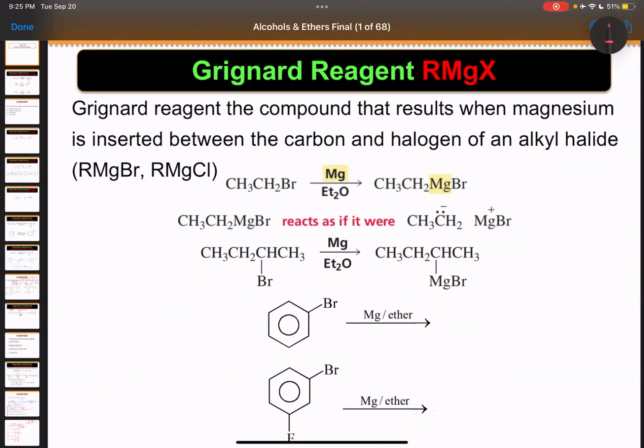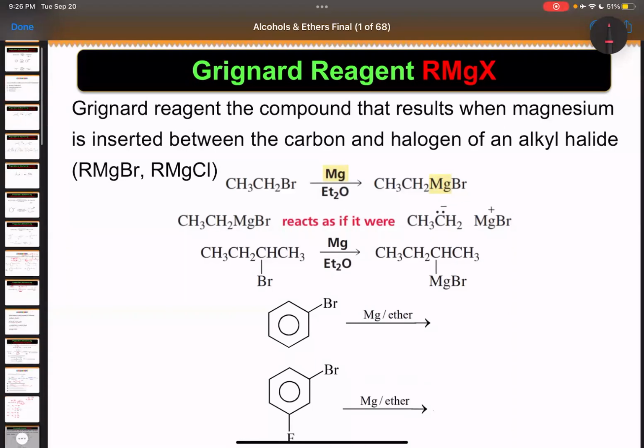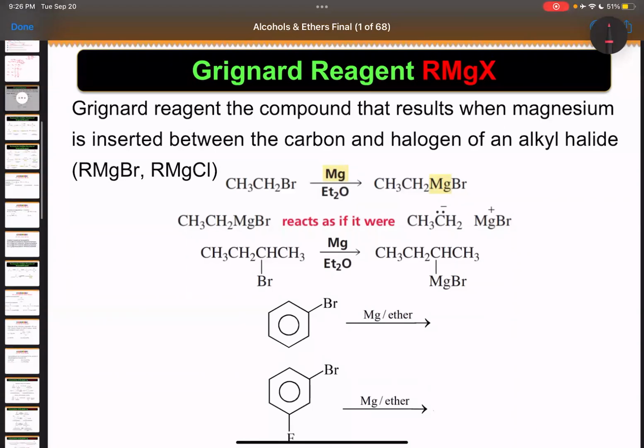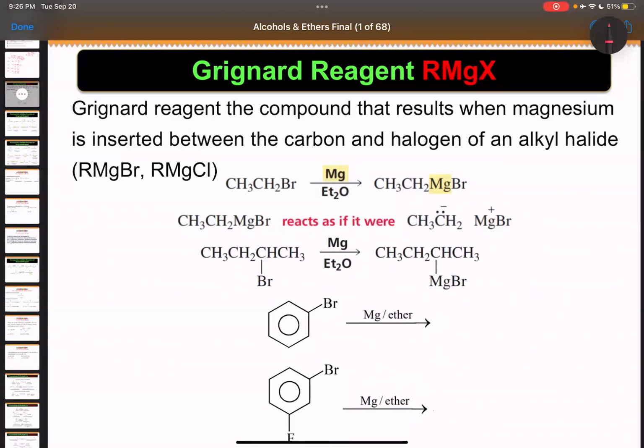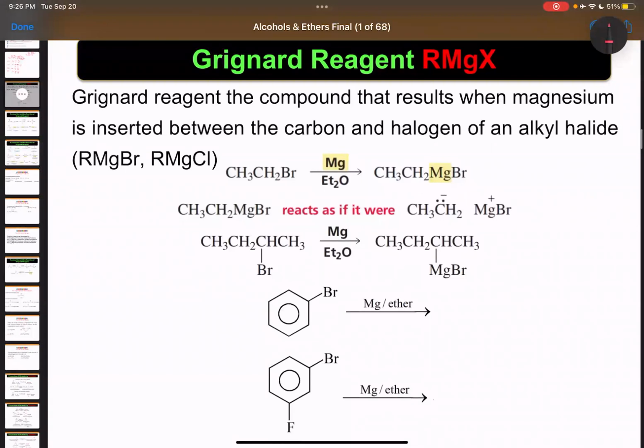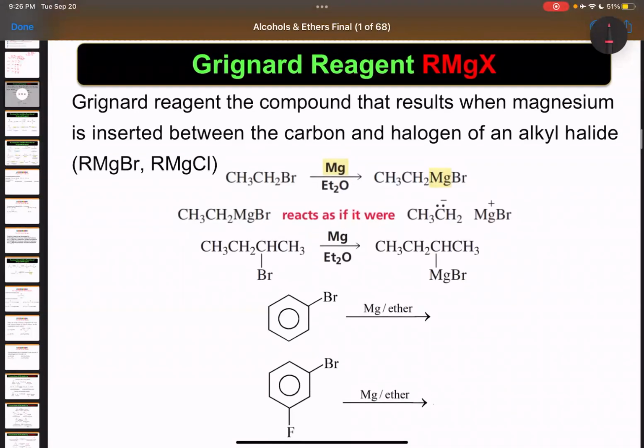Okay, what are Grignard reagents? First, tell me this one. So there are compounds that contain carbon-metal bonds. Yeah, it is from the reaction of alkyl halide with magnesium in ether. Yeah, exactly. So alkyl halide and magnesium.